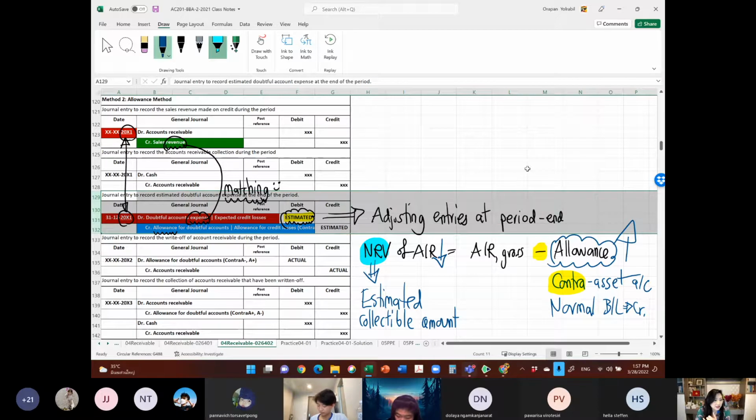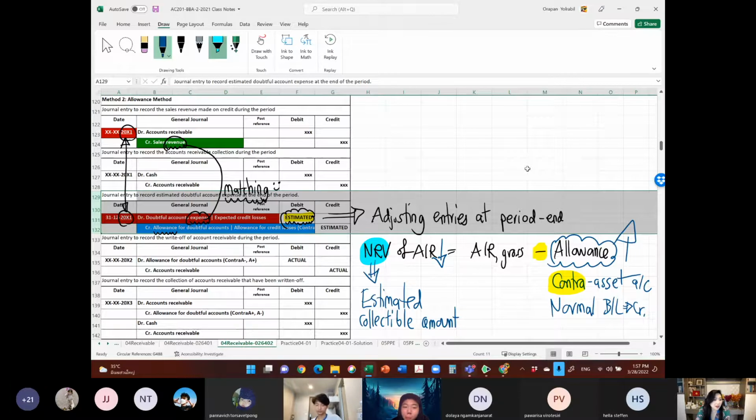Debit to the doubtful account expense, and this is estimated because we cannot wait until we know for sure. Otherwise, we will have a mismatching problem. So at the end of every period, we have to estimate the amount of the uncollectible and record that as an expense. And that expense would then be matched with the related revenue in the same period. And since we don't know who will default, we cannot directly write off his or her accounts receivable.